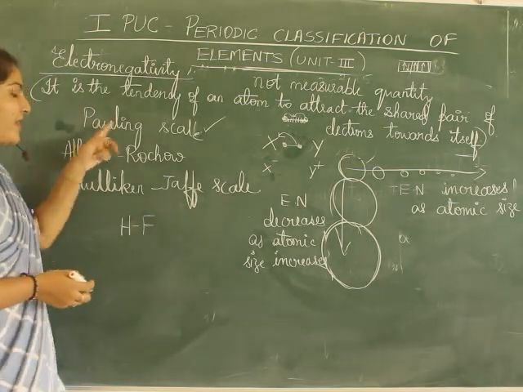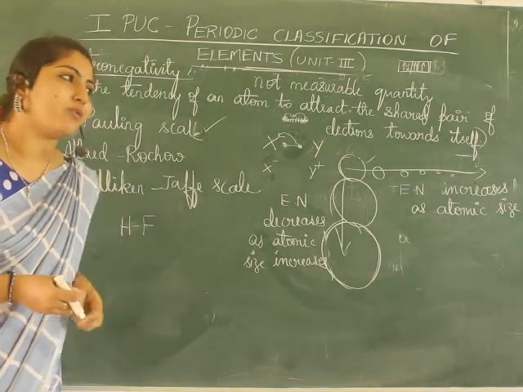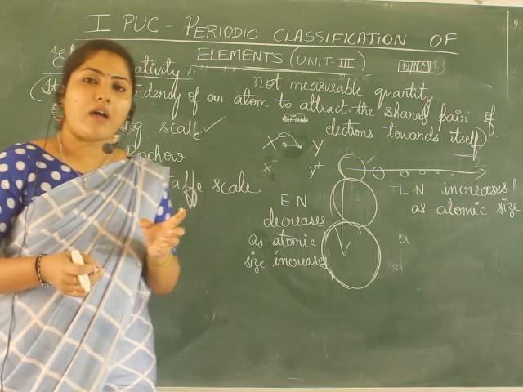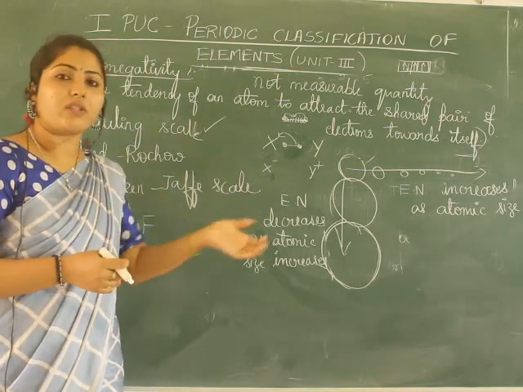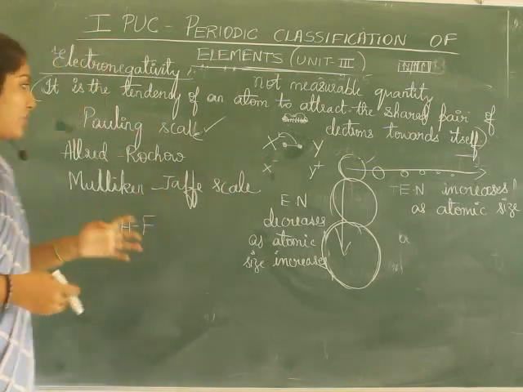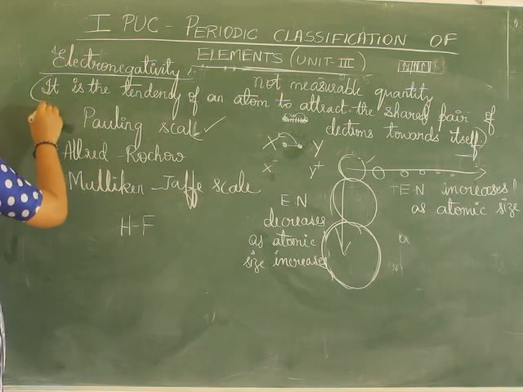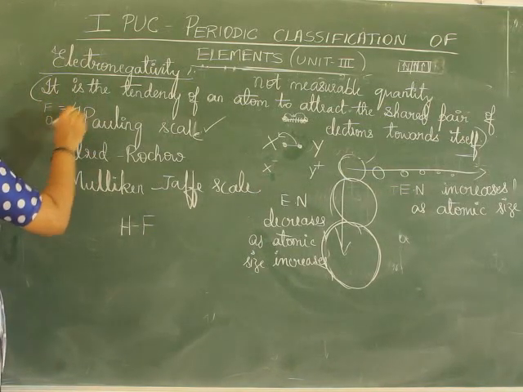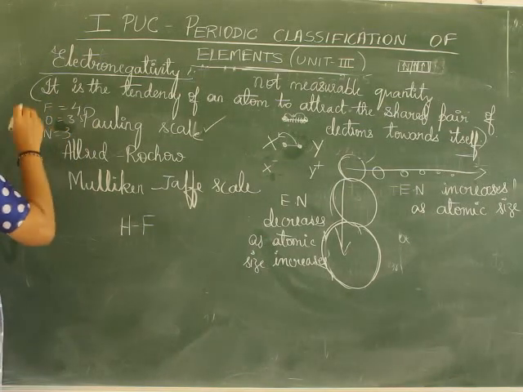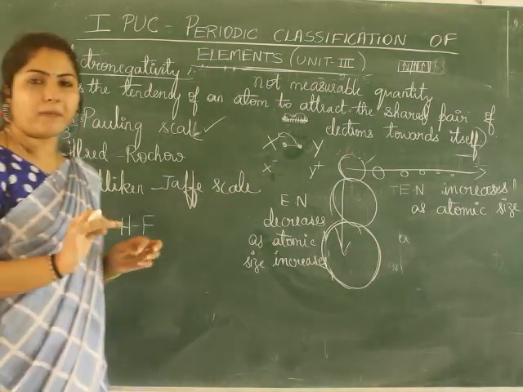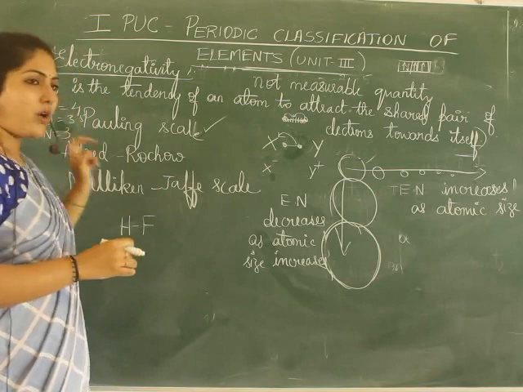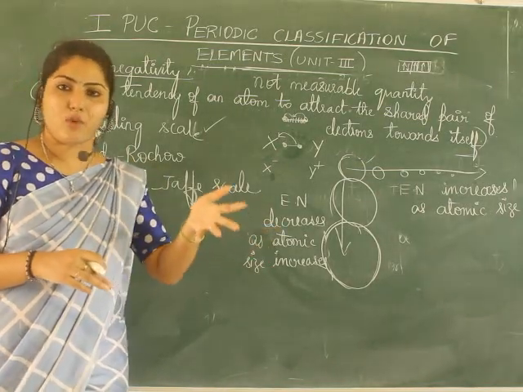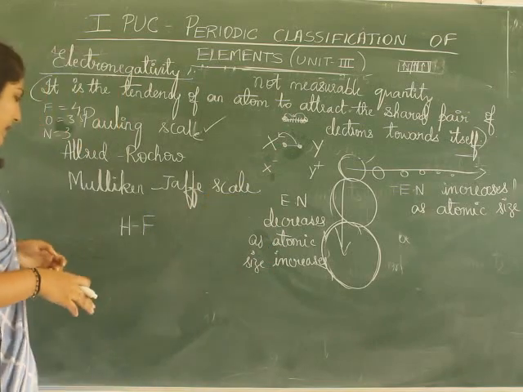Using the Pauling scale, he gave the values: for fluorine 4, for oxygen 3.5, for nitrogen 3, like that. But it may not be a constant value. It depends on what it is bonded with also. That must also be considered.